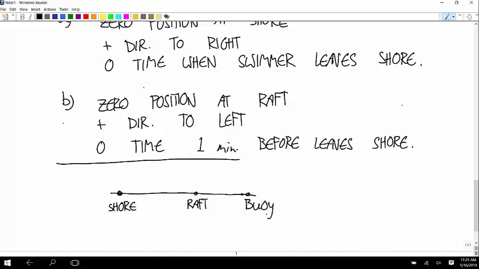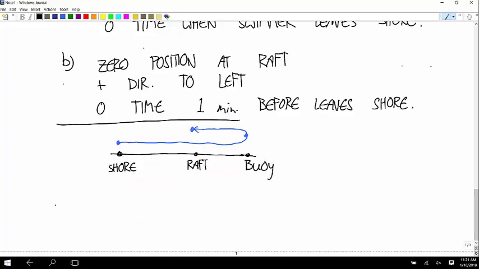The distance between these two is 50 meters, and this distance is 25 meters. The motion, and this has nothing to do with choices of zeros or directions, starts here, goes to the raft, to the buoy, and back to the raft. That's what the swimmer does, whether a physicist is watching or not. But the position and time labels are going to change based on the choices we made.